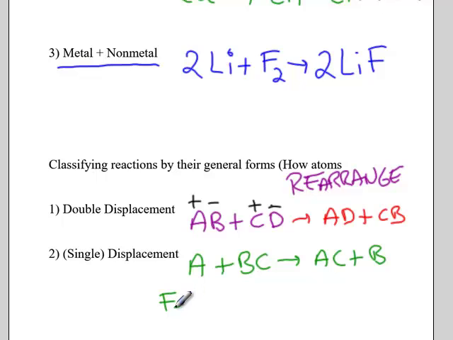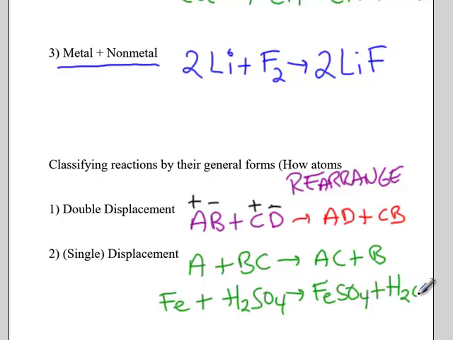So as an example, iron reacts with sulfuric acid, and now the iron pairs up with the sulfate, and the hydrogen is on its own, and hydrogen is a gas. This is not a reaction that you'll have to predict the way you are expected to be able to predict double displacement products.